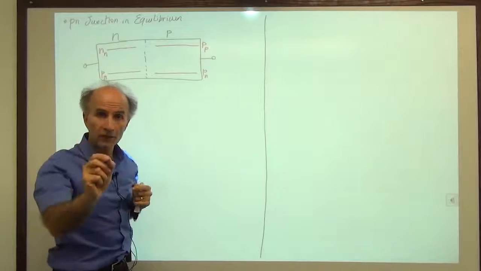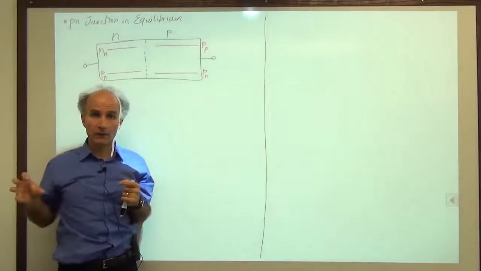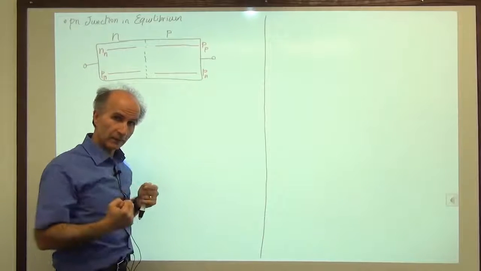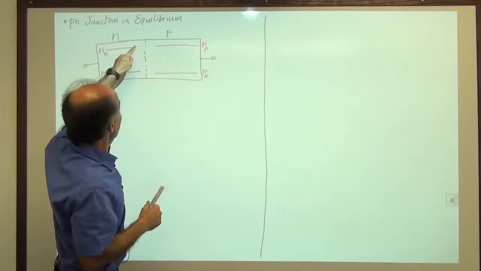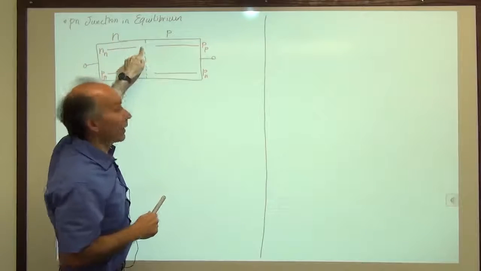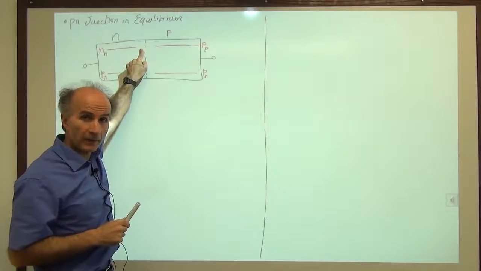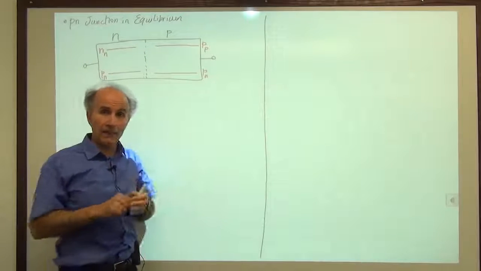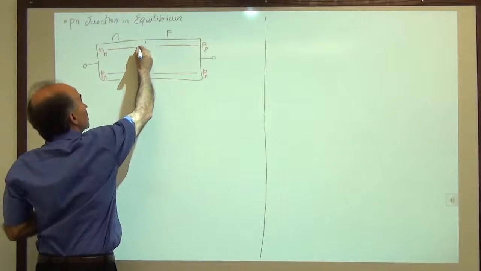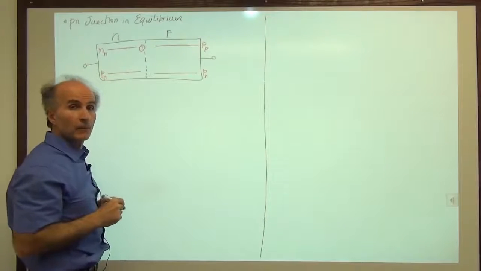If I take one electron out of a piece of material, what happens? A positive ion is left behind. So for every electron that departs this section and goes to this section, we end up with a positive ion. A positive ion is an atom that has lost one electron. So here is a positive ion. So this continues.